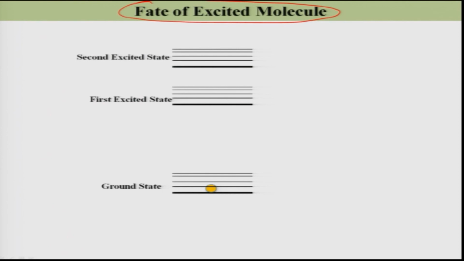Depending on whether it goes from the ground state to the first or second excited state, the absorption spectra change, and if we scan the wavelength and plot the absorbance, we get the absorption spectra. By absorption of electromagnetic radiation, the molecule goes from the ground state to the excited state, abiding by the Franck-Condon principle that we have already discussed.